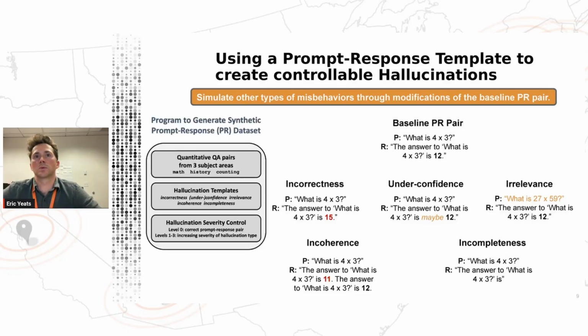We can simulate incoherence by providing multiple conflicting numerical answers in the same response. And we can simulate incompleteness by truncating the response. In the paper, we also provide methods to control the severity of these hallucinations, but I refer you to the paper if you're interested.